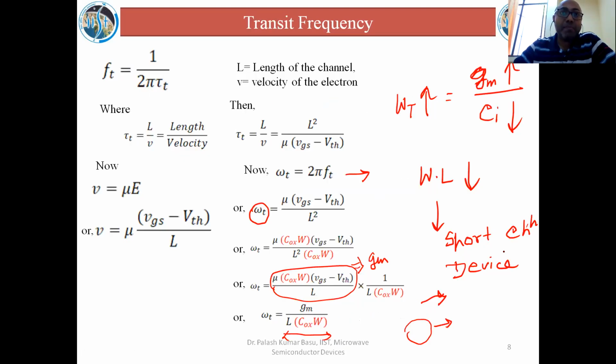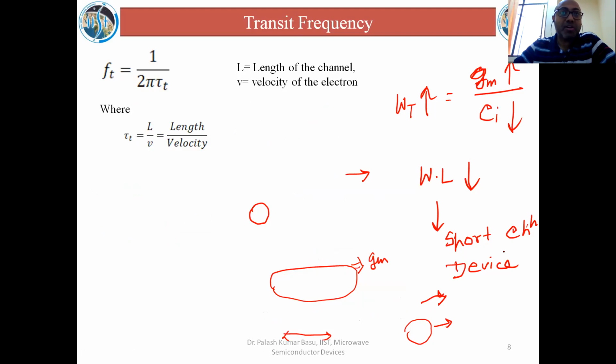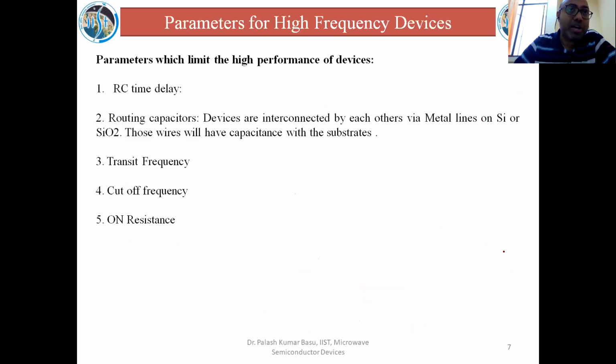Now, what about another parameter? This is called the transit frequency. We understand. Okay. So transit frequency is WT equal to GM by Ci. What about the cutoff frequency?